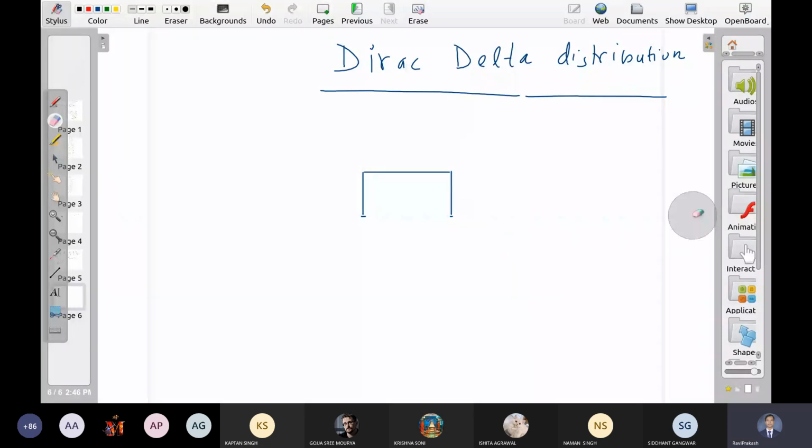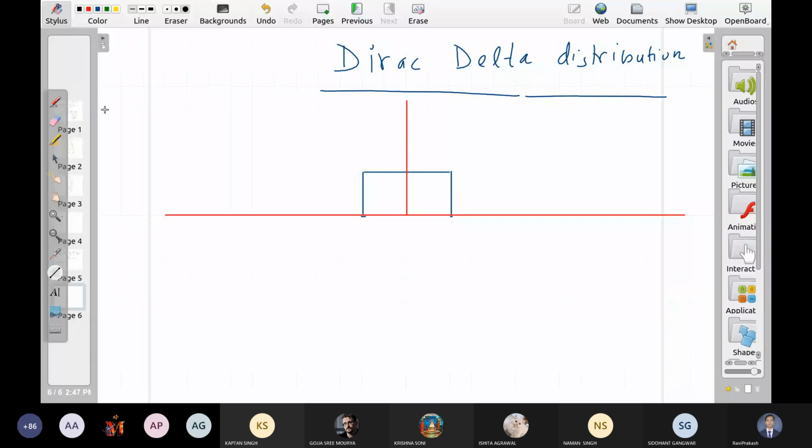So this is the x-axis, this is the y-axis. And the function is like this. So this is width a, a by 2 on the right-hand side, a by 2 on the left-hand side, and this is height 1 upon a.